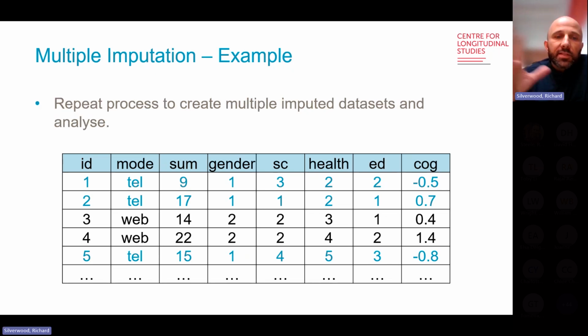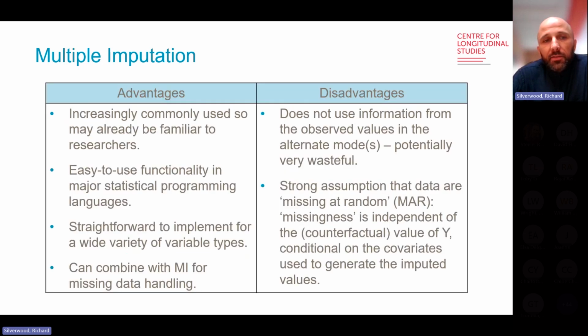And so that gives us a single imputed data set. We would repeat that process to create multiple imputed data sets and analyze them. So as I say, conduct your substantive analysis within each of those imputed data sets, combine them across data sets using standard rules to allow us to appropriately propagate the uncertainty.